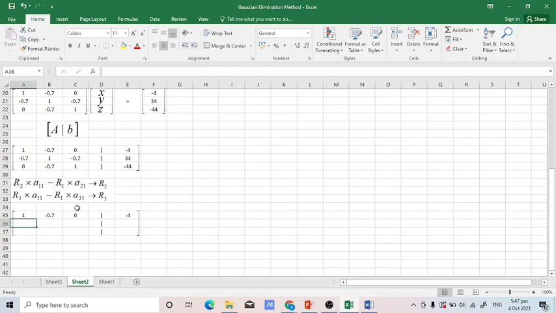So, in this case, we have R2. R2 first element muna. Ano yung R2 first element natin? Negative 0.7 times A11. First A11 is 1. Ito. Then minus R1 first element, 1.